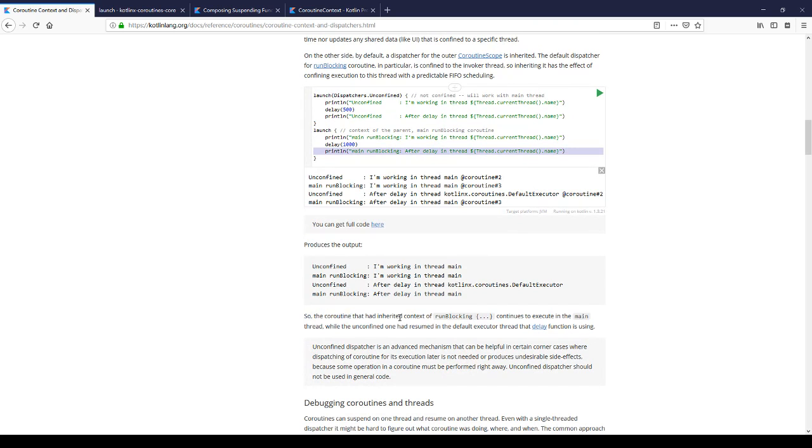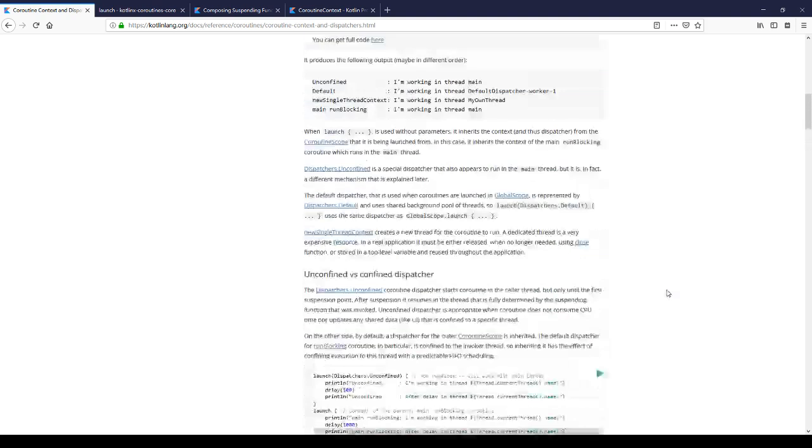So the coroutine that had inherited the context of runBlocking continues to execute in the main thread, while the unconfined one had resumed in a default executor thread that, oh yeah, it is later resumed in the default executor instead.